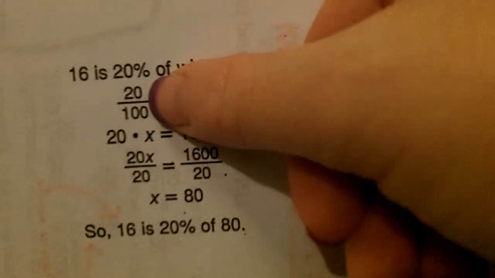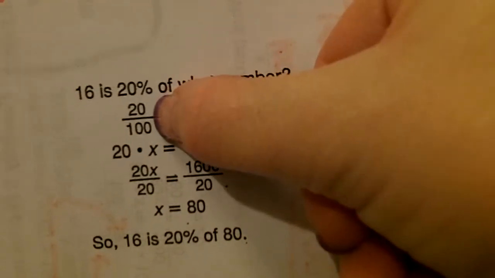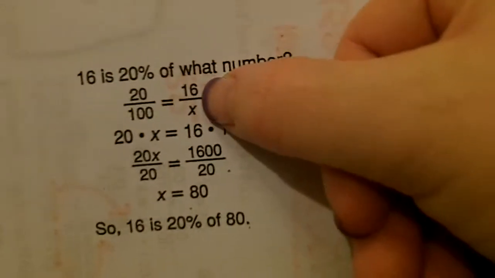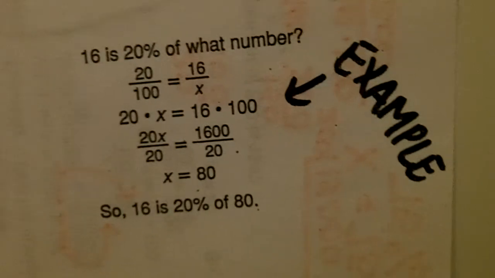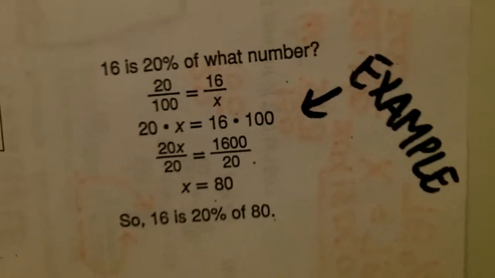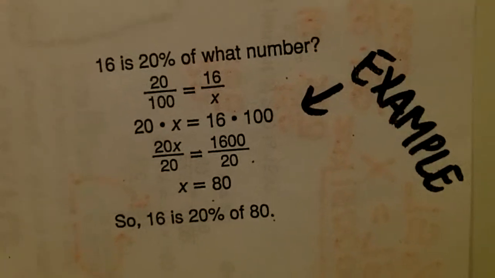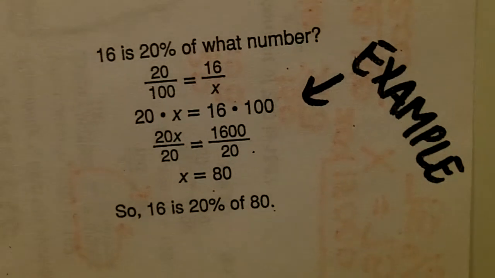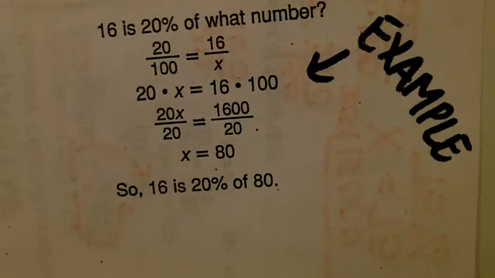And you'll see that I still made my percent the 20 over 100 because percent literally means per 100. Then I put 16 over x. I do my cross products, 16 times 100 and 20 times x. I'll divide both sides by 20 and x is equal to 80. So 16 is 20% of 80.